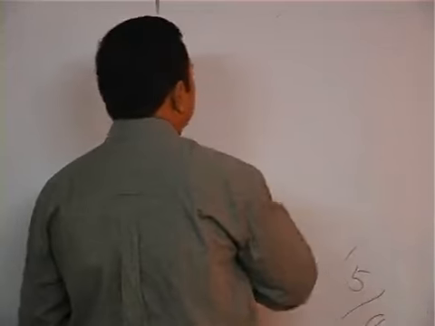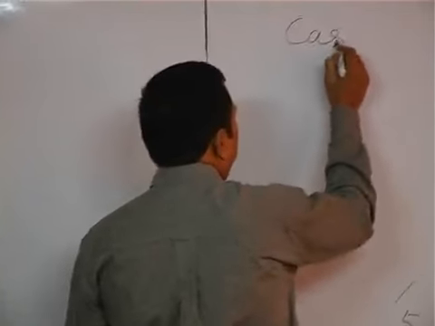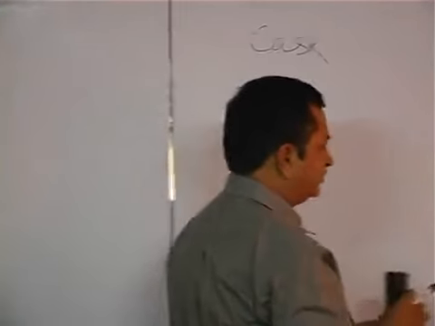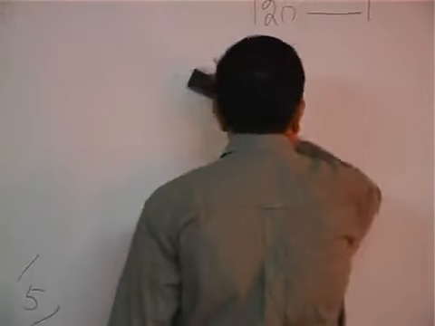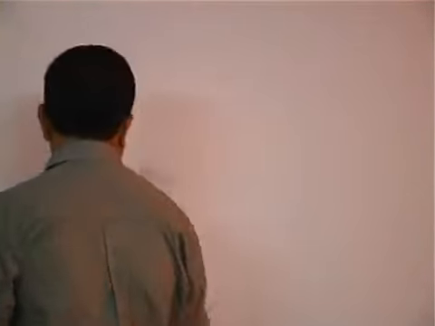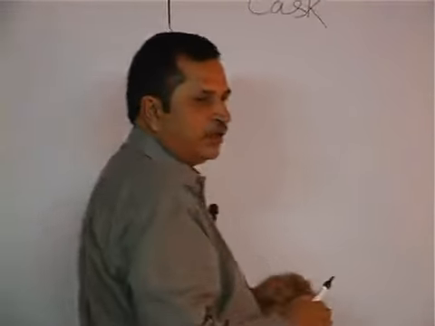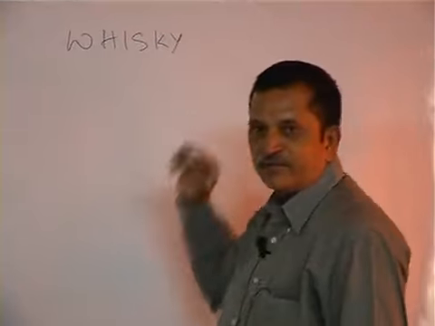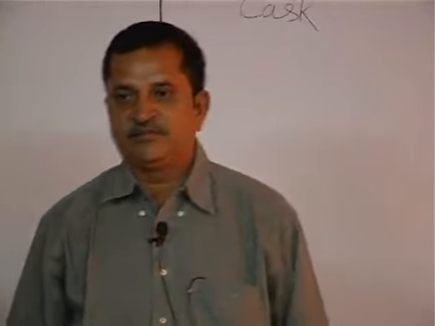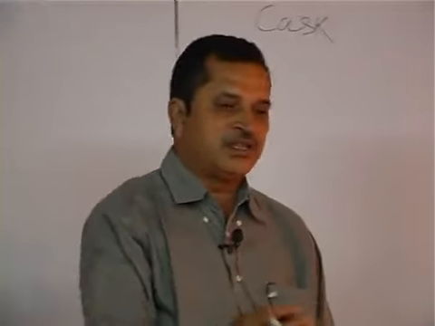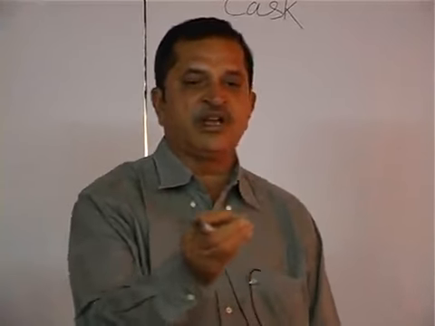A cask contains 40 liters of whiskey. Whiskey is the thing which is like tea and coffee, usually taken in the night.